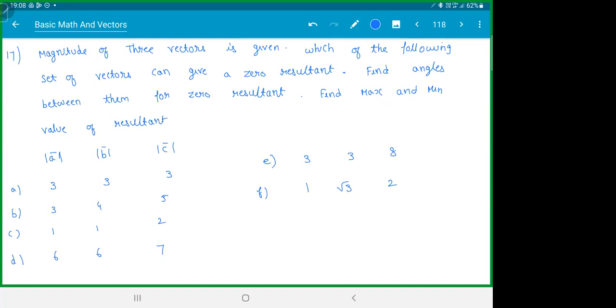3, 4, 5. Can it form a triangle? Yes or no?